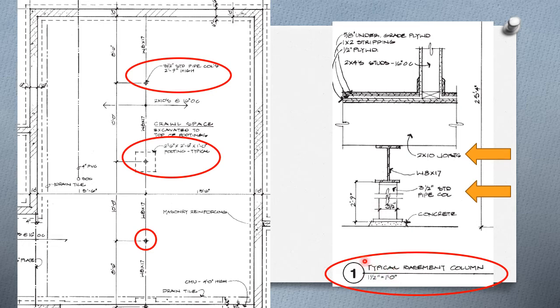And since it's drawn to scale, I don't need to waste the space for the full 2 feet 9 inches. Here's my concrete footer. And here's my W8 by 17 wide flange beam. And we'll talk about wide flange beams a little later. And here it is called out in the plan.